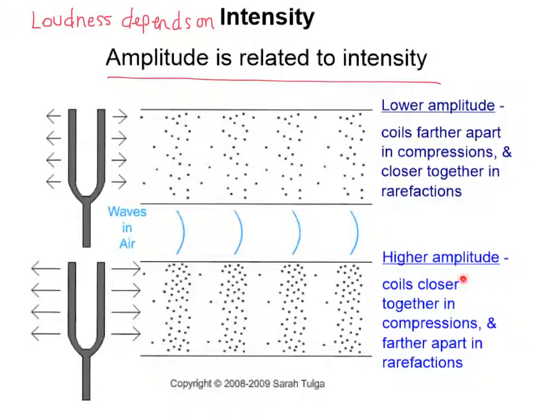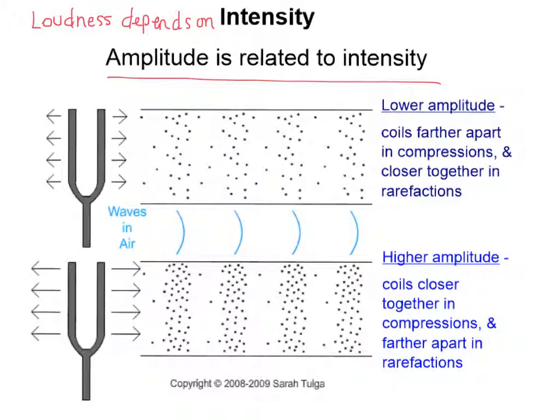When we have higher amplitude, these particles in the compression are closer together. So to produce a sound wave with greater amplitude, more energy must be transferred from the vibrating object to the medium. And when we have a higher amplitude for sound waves, that is related to its intensity.